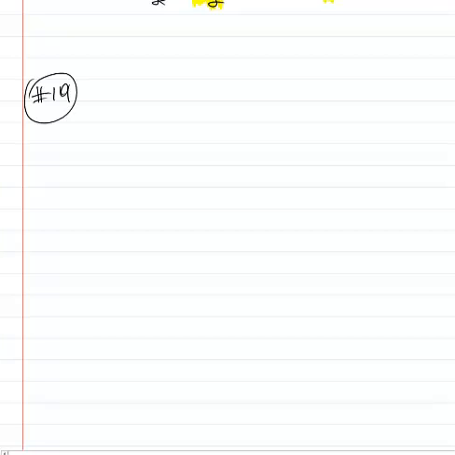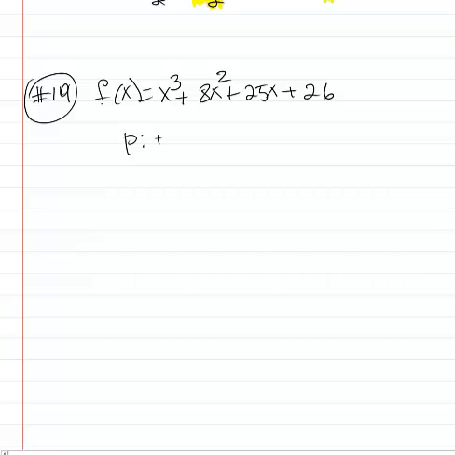So you have f of x equals x cubed plus 8x squared plus 25x plus 26. We go through the potential roots. This one will have a lot because 26 is a pretty large number. The good thing is that q is only plus or minus 1 because there's no coefficient there. Well, the coefficient there is 1.